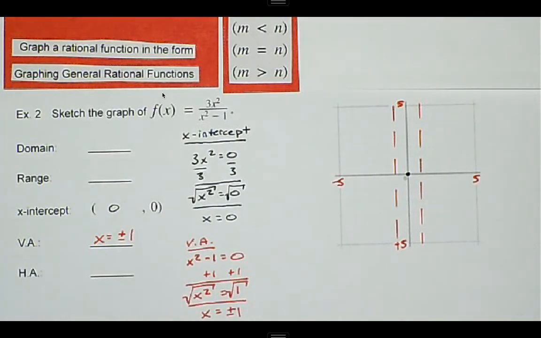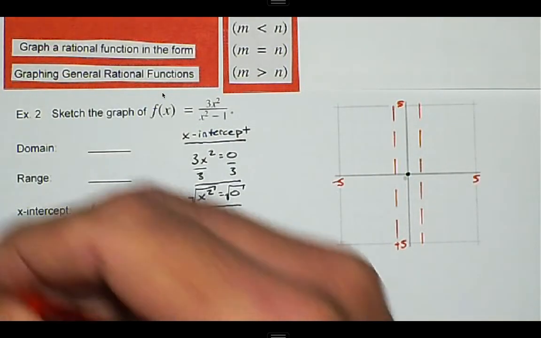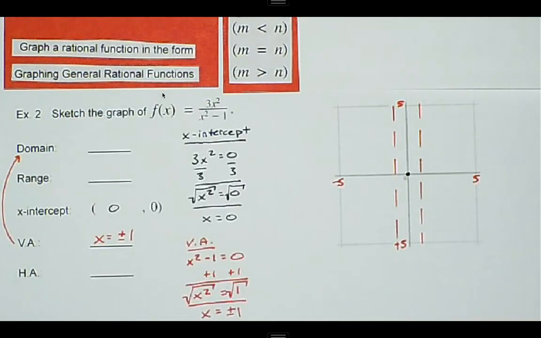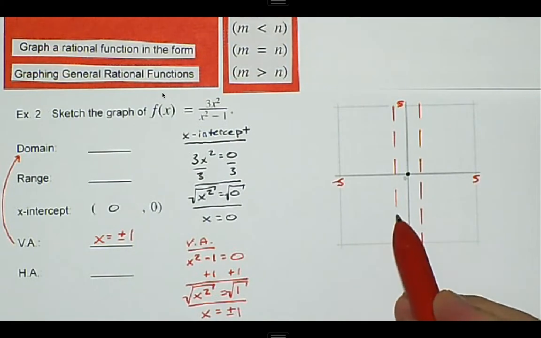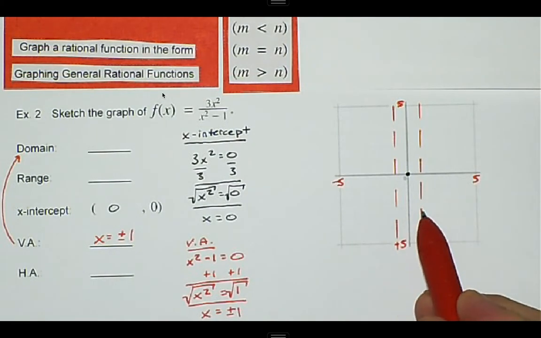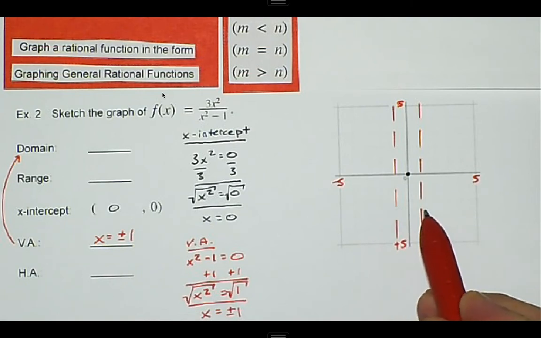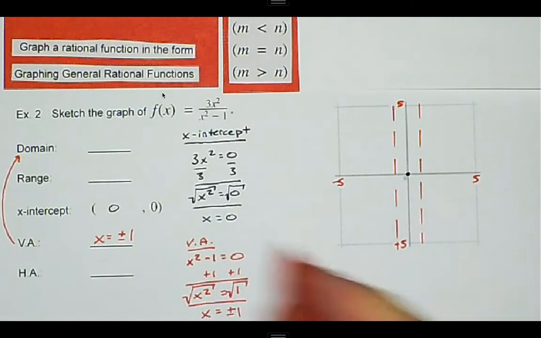Our vertical asymptotes are going to affect our domain. So right now, we know that we don't have anything defined at x equals -1 or x equals 1. So we can actually write out our domain.